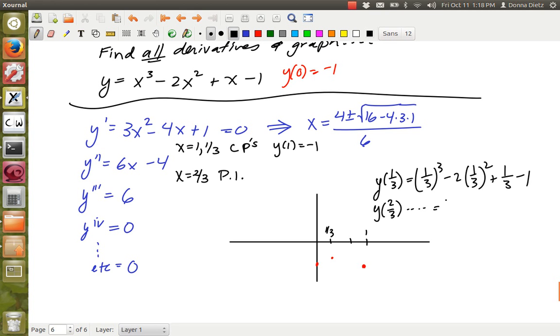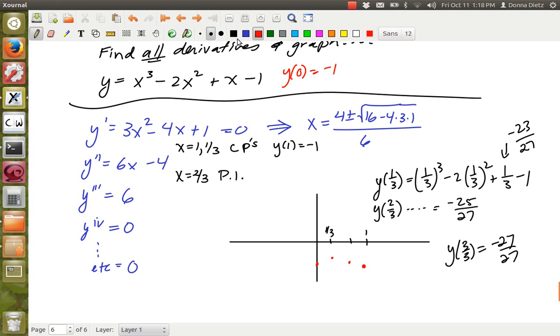And you end up finding out that it's minus 25 over 27, or you go ahead and do something numerical with that. But the last one we had was minus 23 over 27. Okay, so if this is -1, it's actually, think of it this way, y of 3/3 is equal to minus 27 over 27. So these guys are right in a line like I promised you they would be.